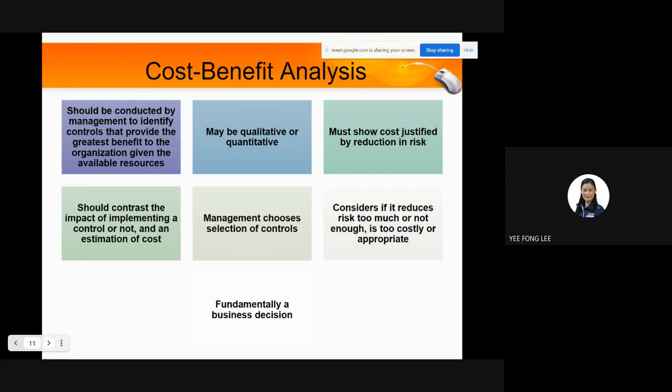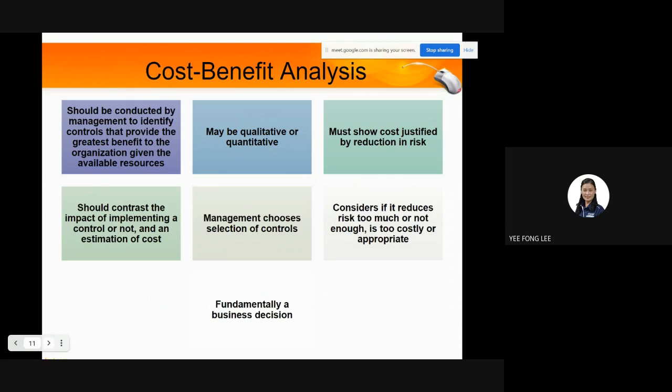The selection might be based on different factors. For example, if the control reduces the risk more than required and is somehow less expensive, then this alternative can be used. If the control costs more than the risk reduction provided, then they need to search for an alternative method.